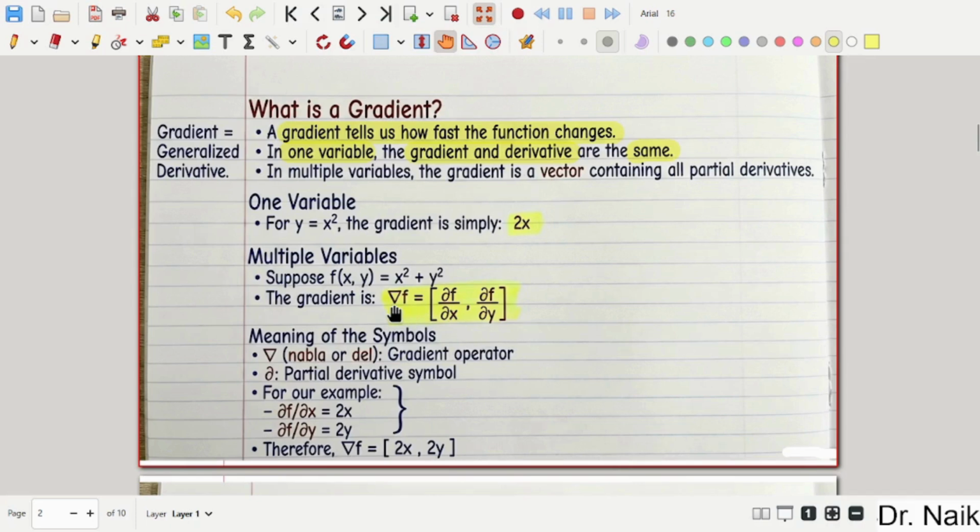This symbol is called del, the gradient operator, and this is called the partial derivative symbol. For this example of x square plus y square, the partial derivative of f with respect to x is 2x, and the partial derivative of f with respect to y is 2y. So del f is 2x comma 2y.